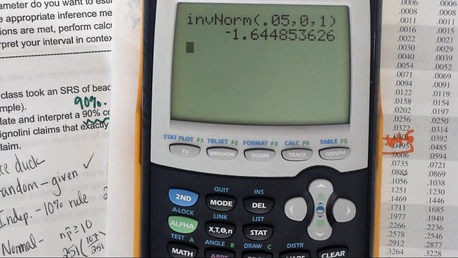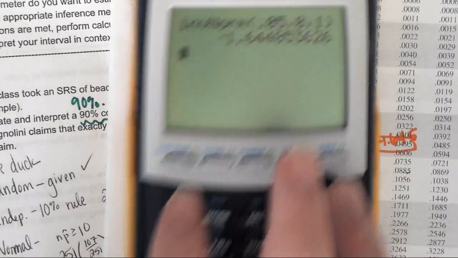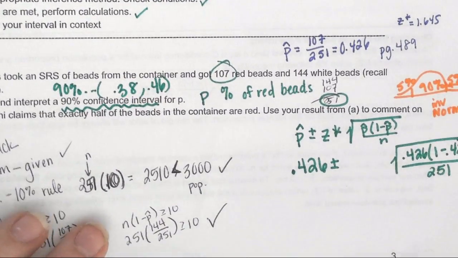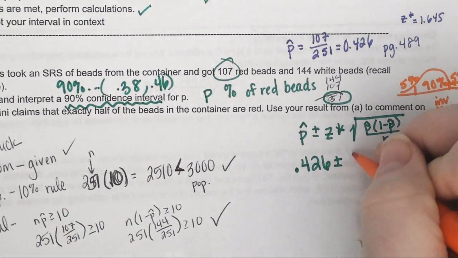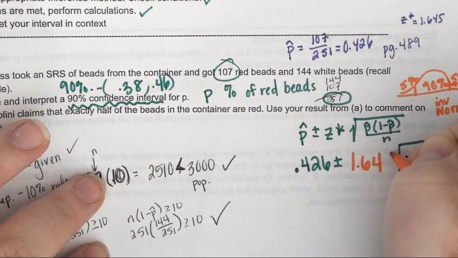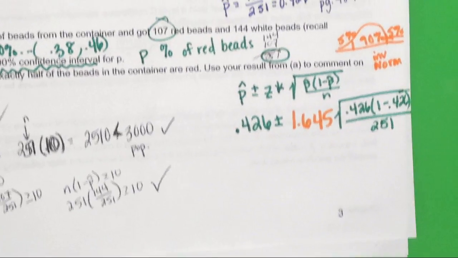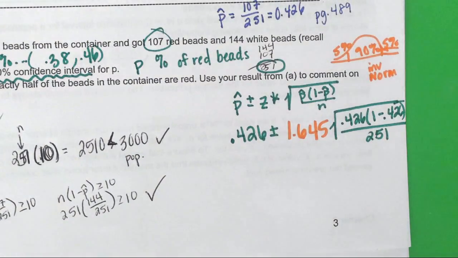Yada, yada, yada. So I'm going to put negative 1.645, or 1.645 because it's plus or minus. But again, if you did just 1.64 or just 1.65, they're probably going to give you all your points. You still have everything correct, as long as your words sound good, you know what you're doing.